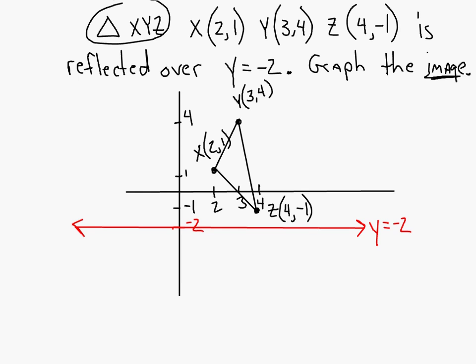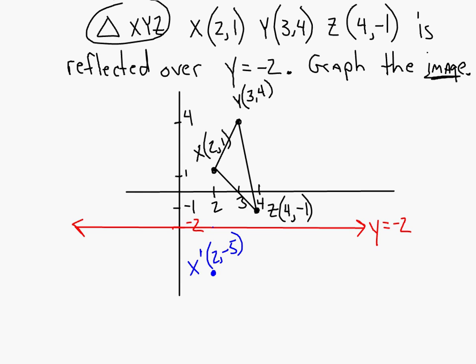It's 3 units, isn't it? So how far does it have to be below the line? 3. So it's got to move 6 places, doesn't it? All right. Where does it got to be? Can anybody predict that one? X prime's got to be at 2, -5, doesn't it?